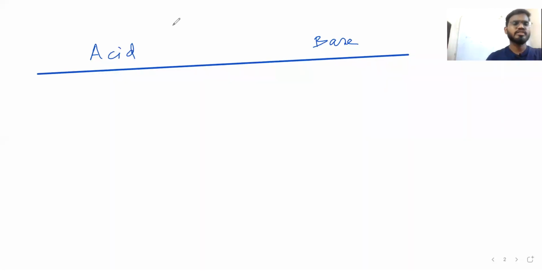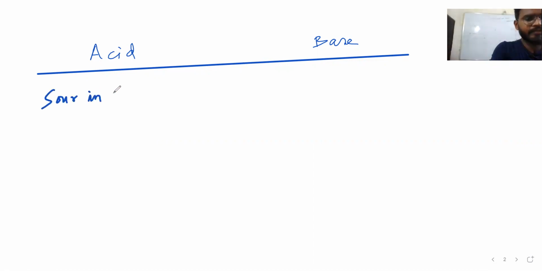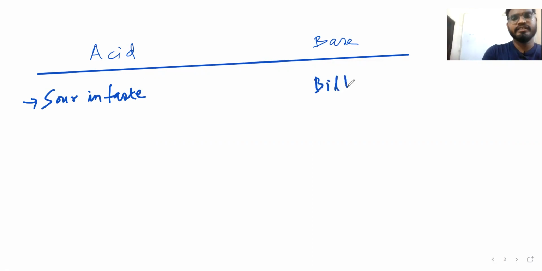The first property: acids are sour in taste, and bases are bitter in taste.